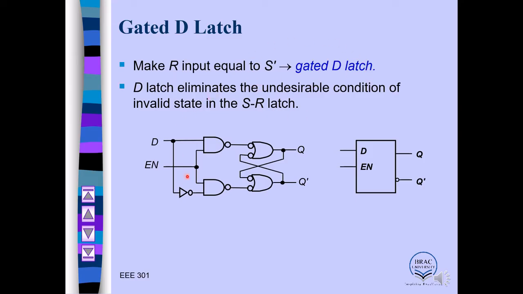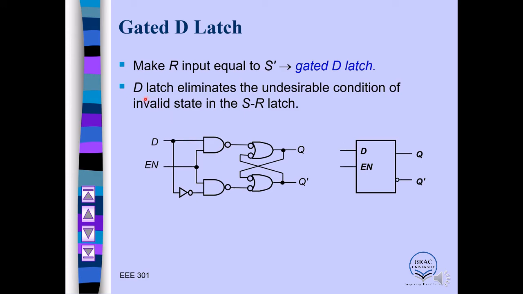Previously this was S, this was R. Now if you just invert it and connect it here, then you can produce a D-latch. The other things are the same as the previous one. You also have the enable pin as well. This is the typical block diagram. So instead of having two inputs, right now you have only one input, D.